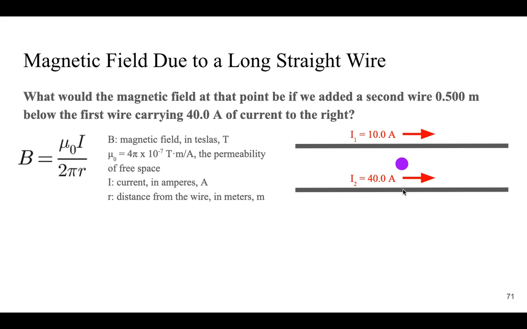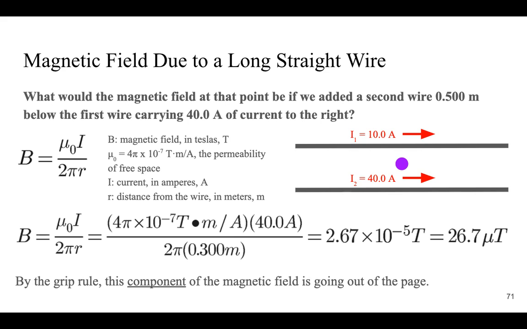So, right-hand rule for the second wire, I2. Point your thumb to the right, and at that point above this wire, the current is coming out of the page, towards us. So you plug in the numbers, and the contribution of this second wire is 26.7 microteslas out of the page towards us.